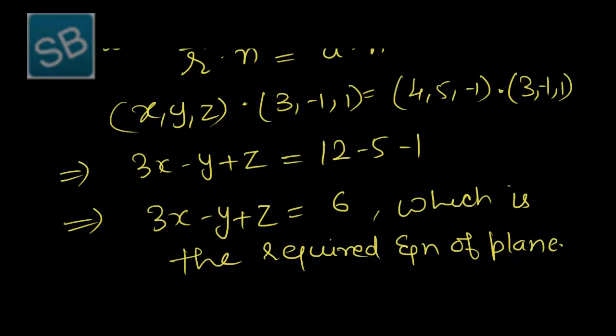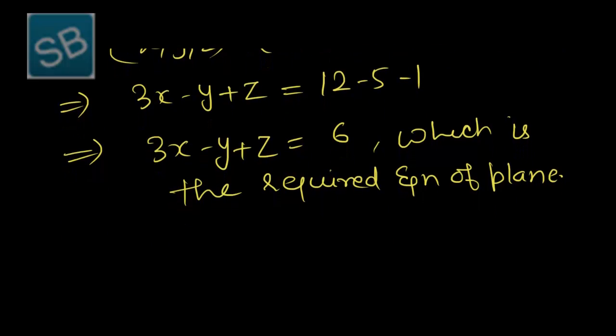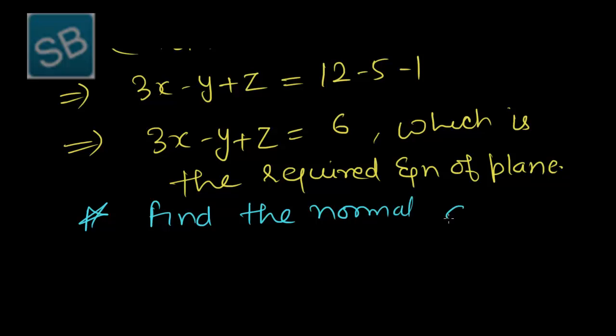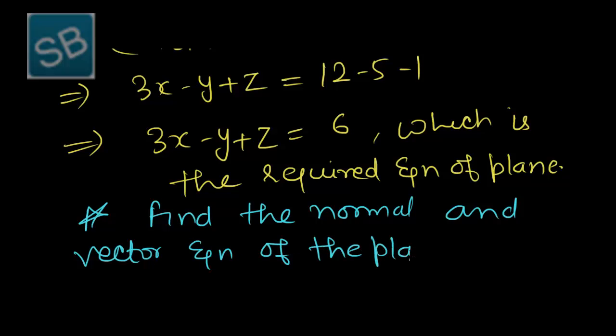Now the next problem is, find the normal and vector equation of the plane 2x minus z plus 1 is equal to 0.